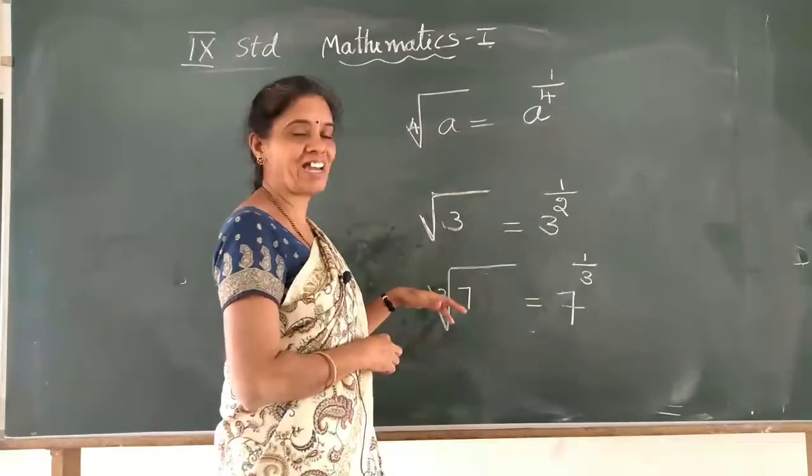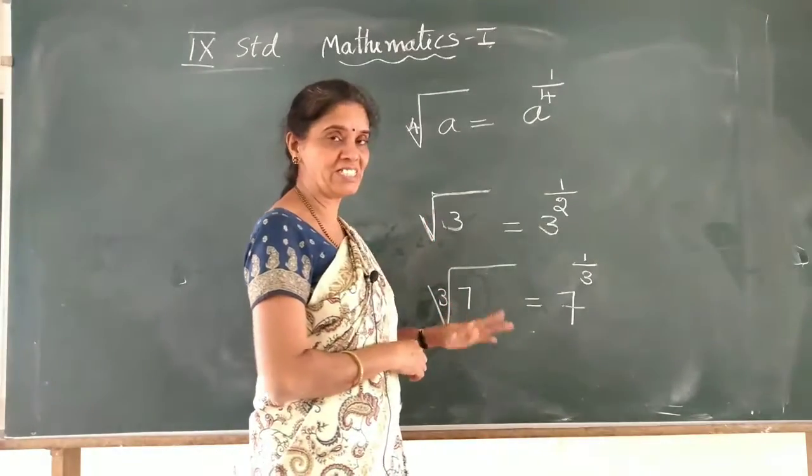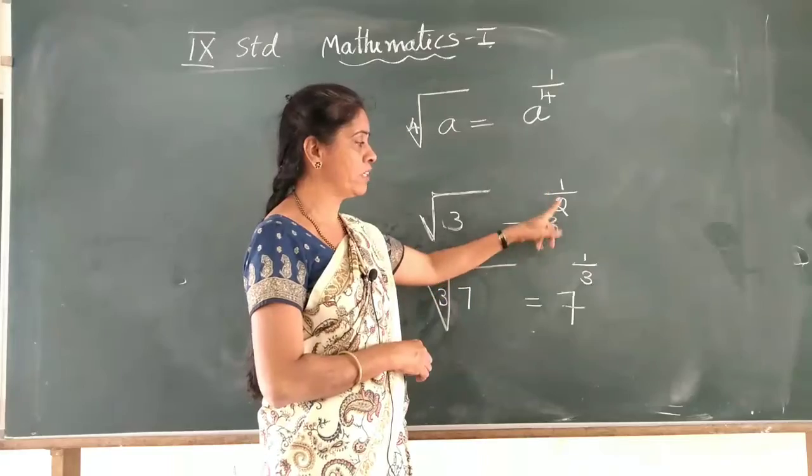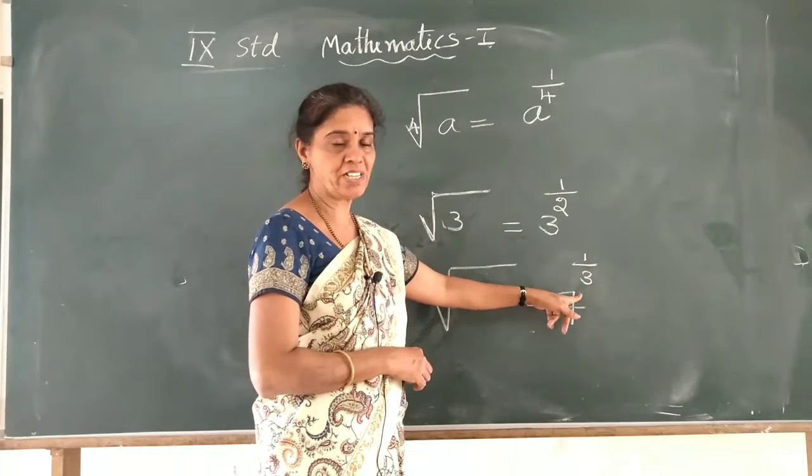Usually in the exercise we are studying either square root or cube root, so you write either 1 by 2 or 1 by 3. That is the meaning.